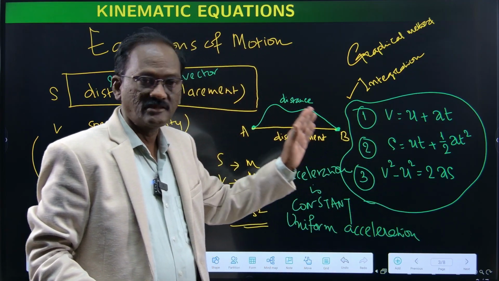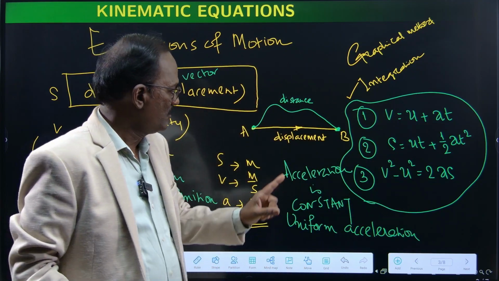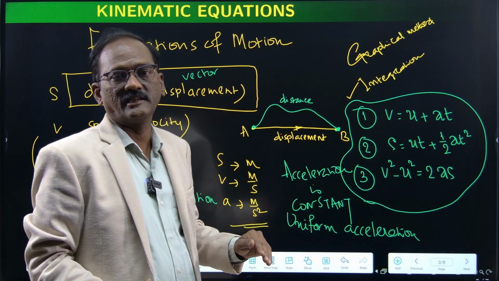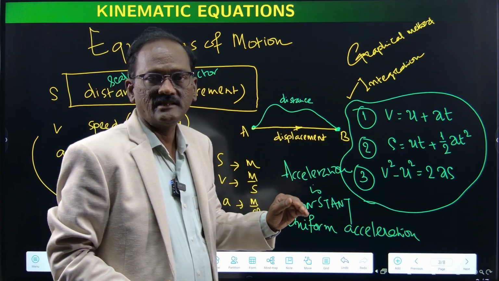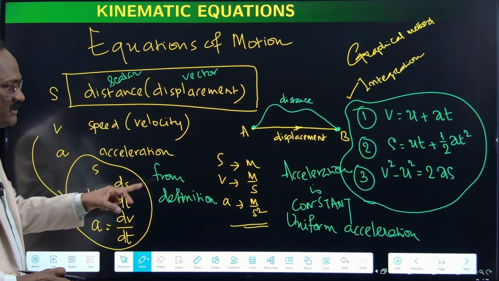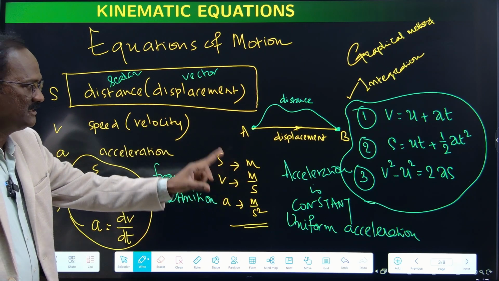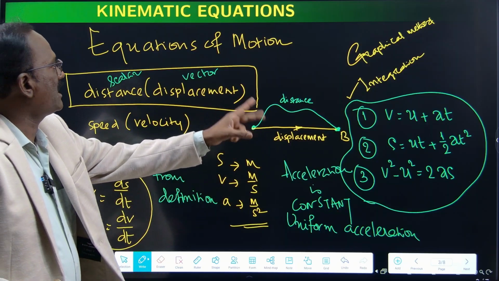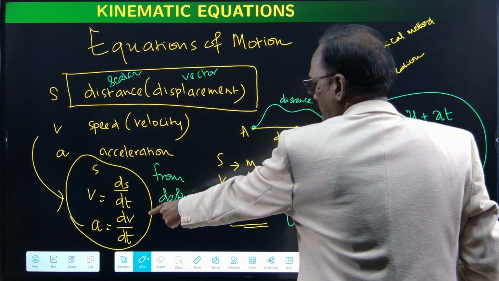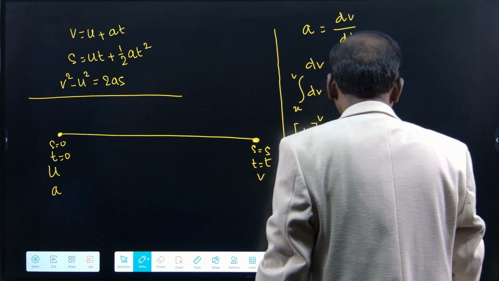These three equations are useful only when acceleration is constant. It is also known as uniform acceleration. If the acceleration is varying, we have to use the fundamental equation, not those equations. So only if acceleration is constant do we use the kinematic equations.